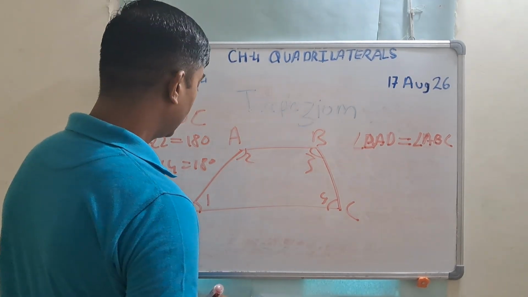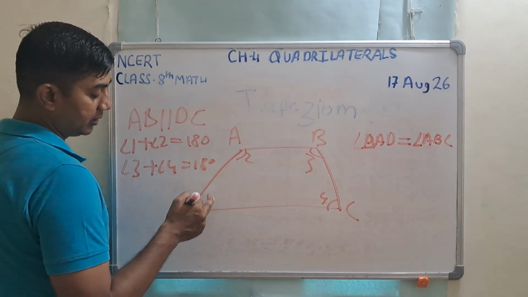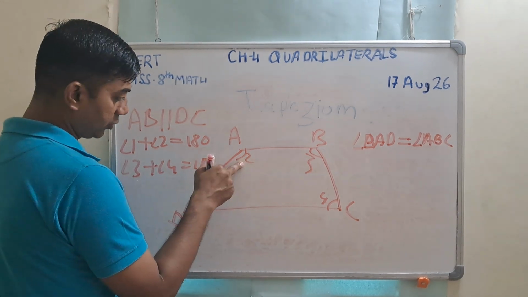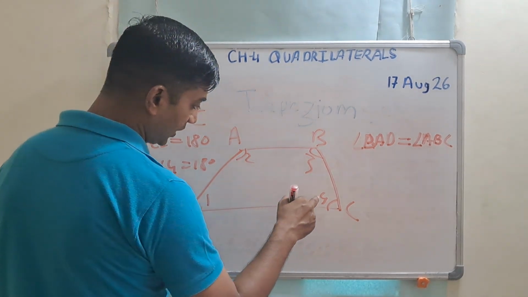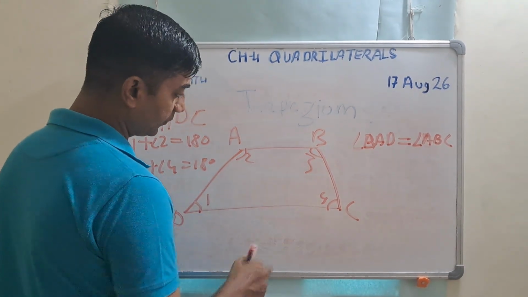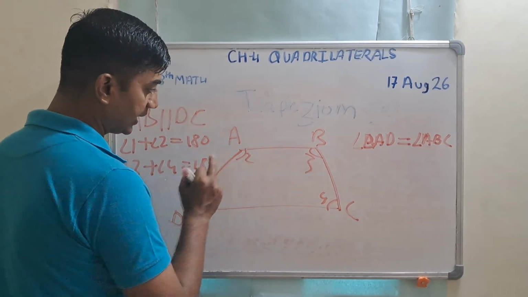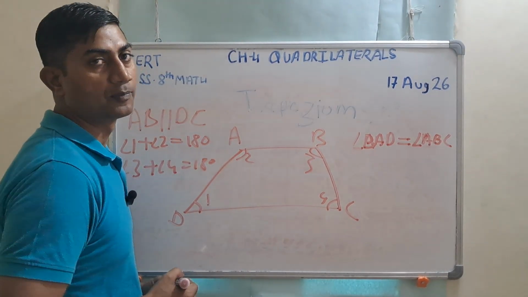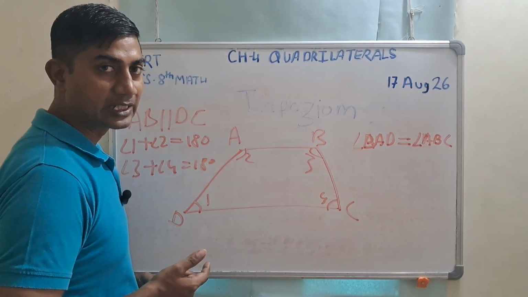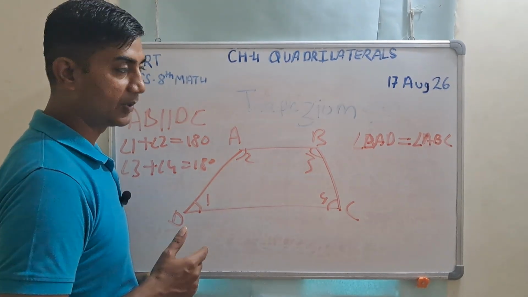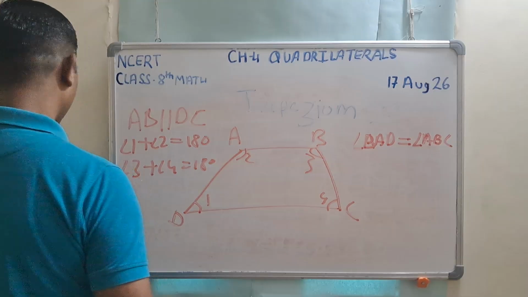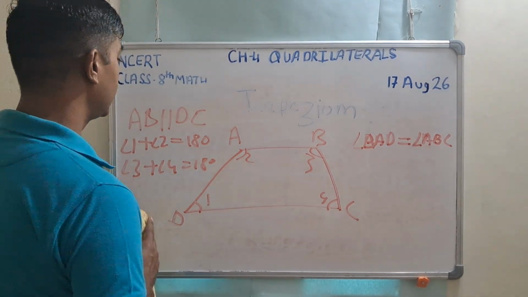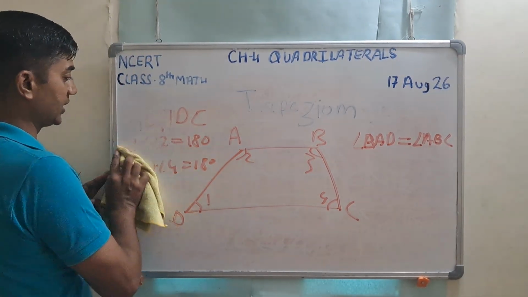Understood? If we are given angle 1, we can find angle 2, and if we are given angle 3, we can find angle 4, but the relation between them we cannot establish, just because this is not an isosceles trapezium, this is a regular trapezium. So this is all we have studied about the trapezium.